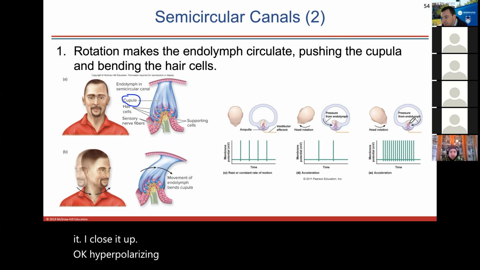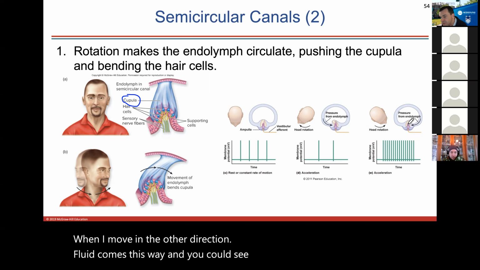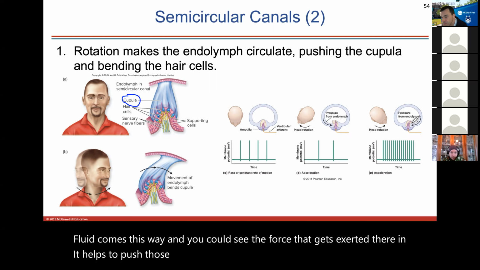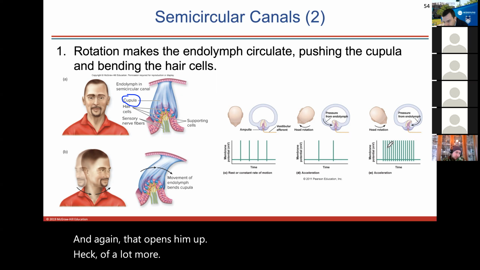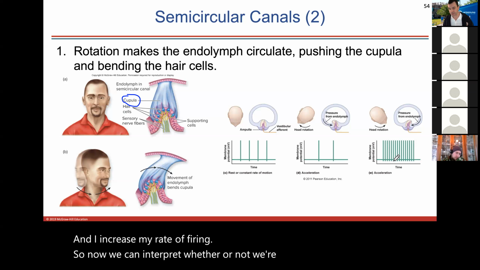Here, when I move in the other direction, fluid comes this way, and you can see the force that gets exerted there, and it helps to push those stereocilia towards the kinocilium. And again, that opens them up a heck of a lot more, and I increase my rate of firing. So now we can interpret whether or not we're moving left or right.